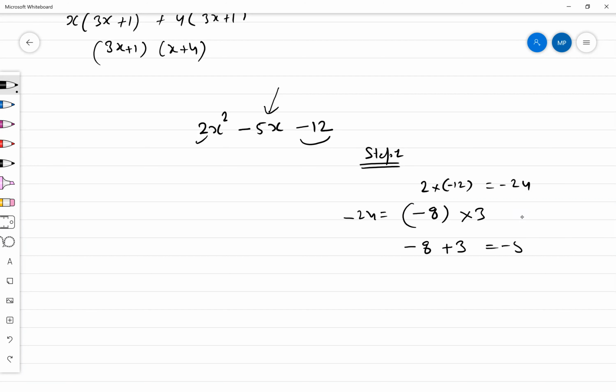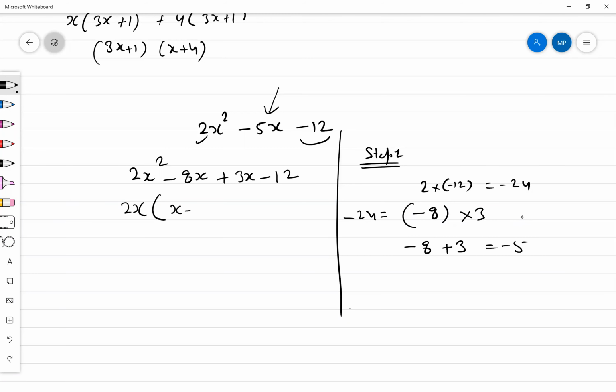So my steps are done. Now I can write my problem as 2x square minus 8x plus 3x minus 12. I am taking 2x as common, so x minus 4, plus 3 common, x minus 4. Again, x minus 4 comes out and 2x plus 3.